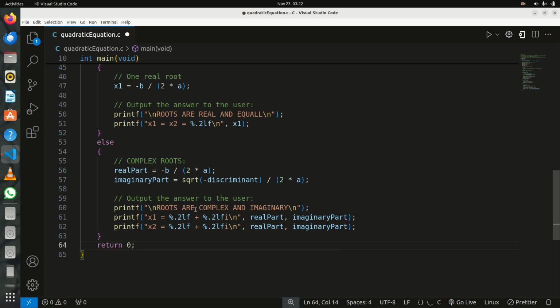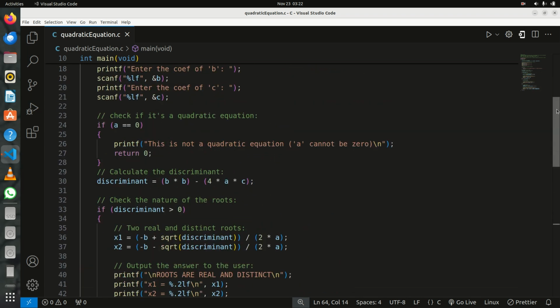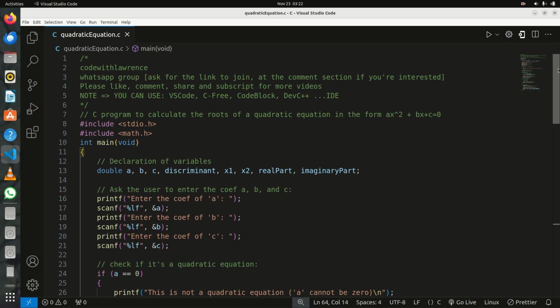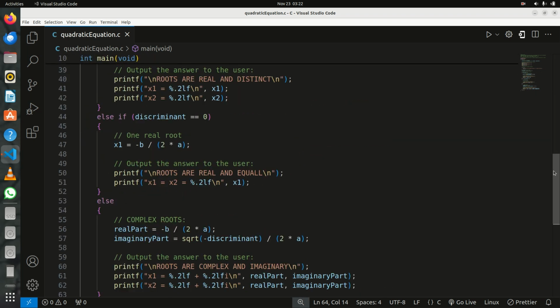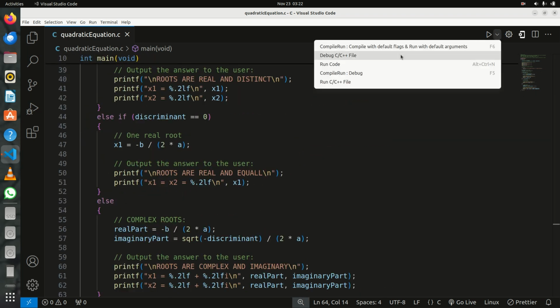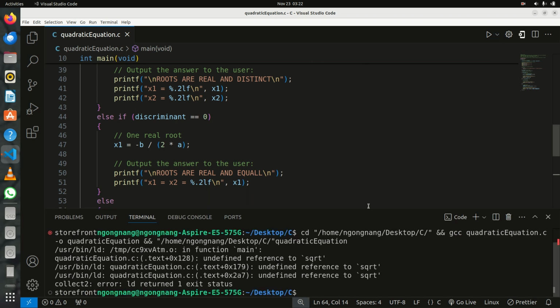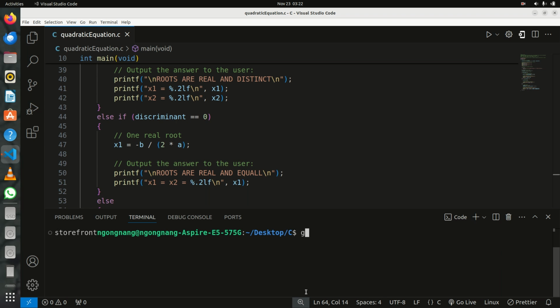Don't forget to save. Then I run. Let me show the code again. Those are the codes. So click here to run the code. I'm using Visual Studio Code, that's why I'm running it this way.